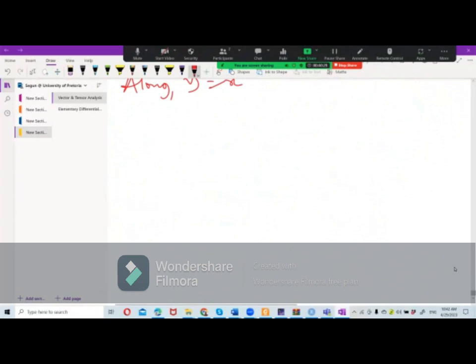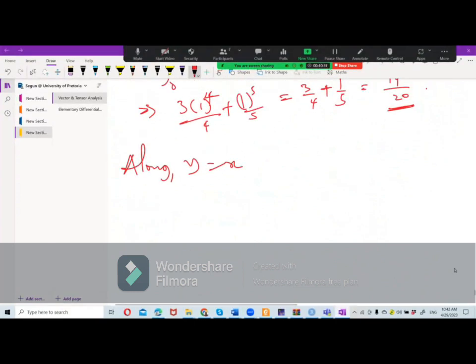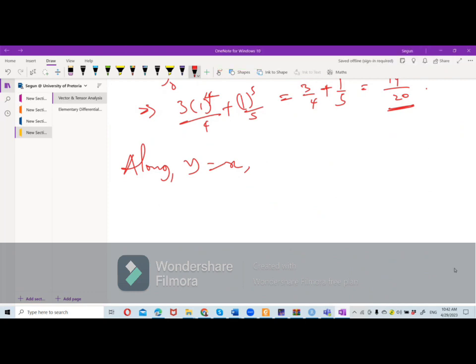y equals x, so what is the dy? Equals dx. That is the meaning: y equals x from 1, 1 to 0, 0.